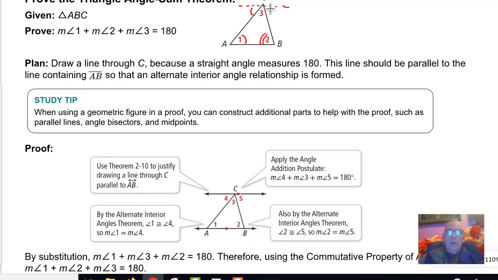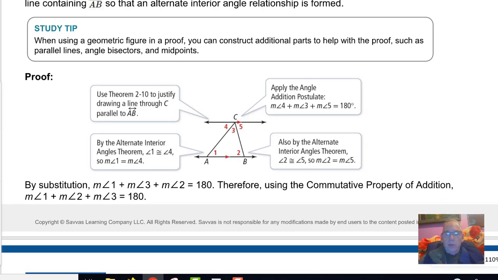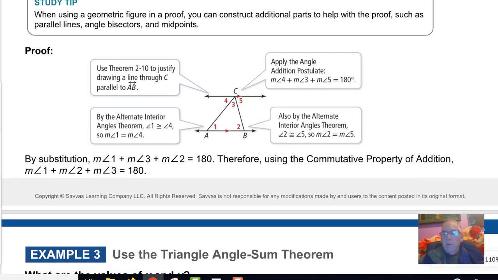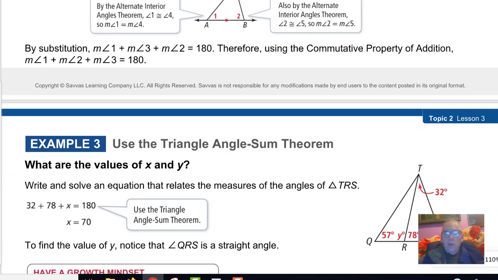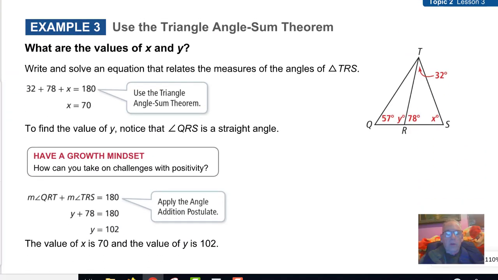These two angles are congruent because of alternate interior angles. And we can see that 1 plus 2 plus 3 make a straight angle, which is 180 degrees. So this is the proof down here. These are the steps that go through down there. So I encourage you to look through that more carefully if you don't see what's going on with it.